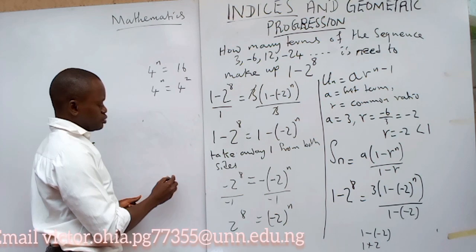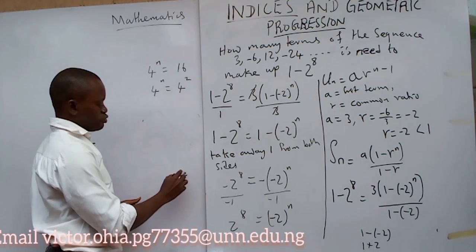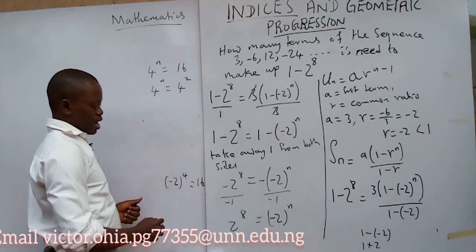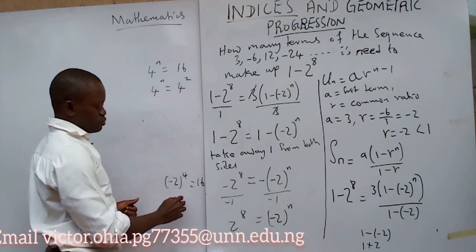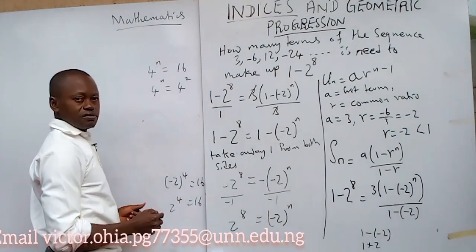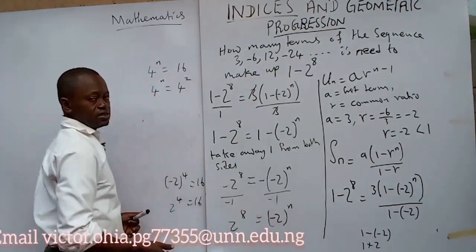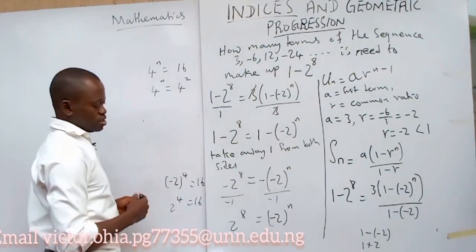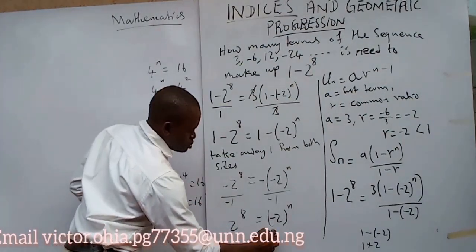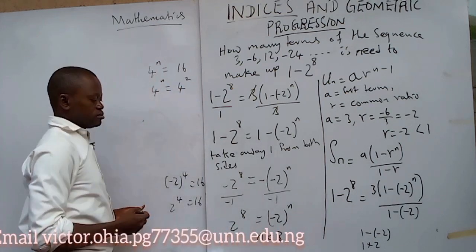That is, if I have minus 2 raised to power 4, this is 16, and it is the same thing as 2 raised to power 4, which is still 16. So if you accept this, it then means n is 8. Without too much explanation, n equals 8.